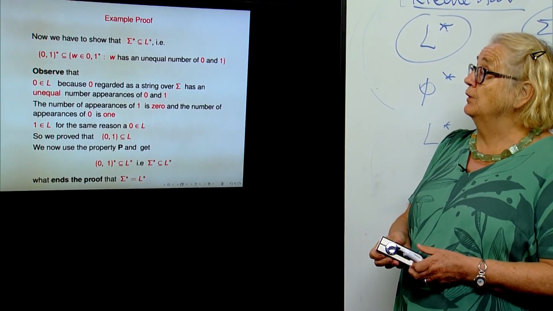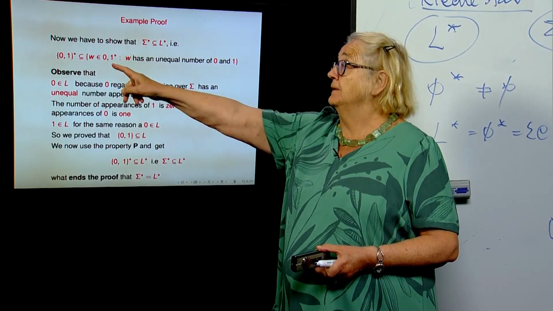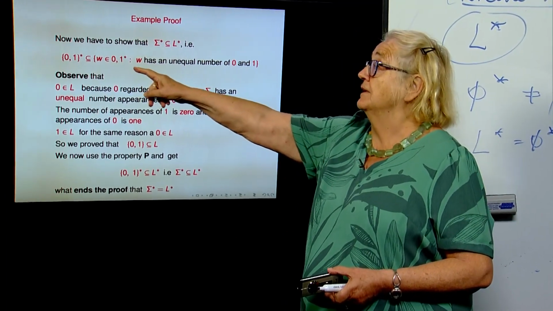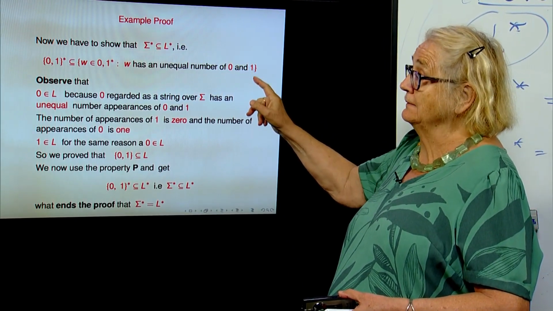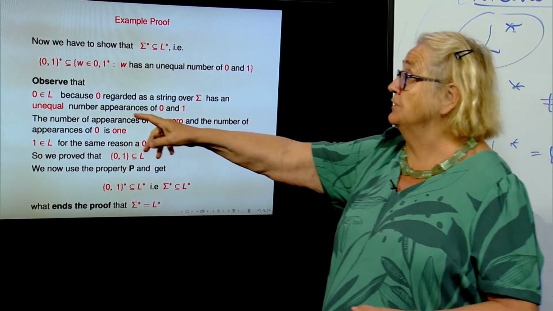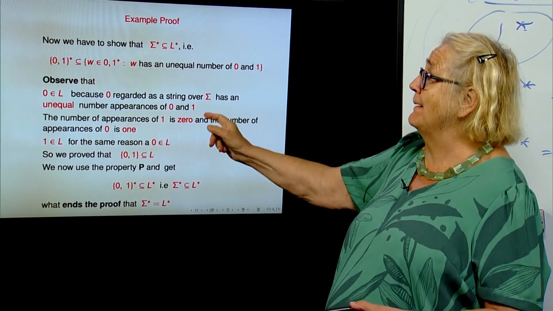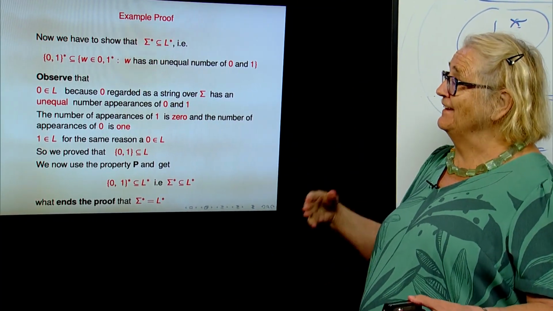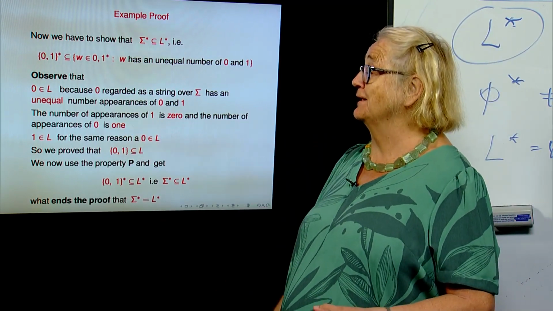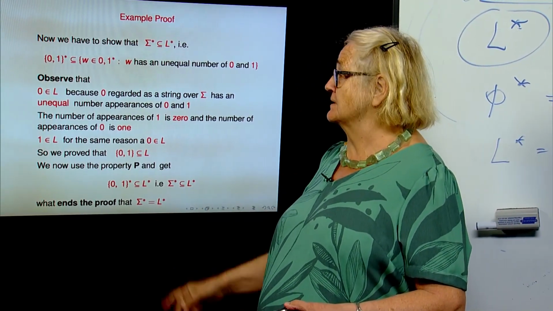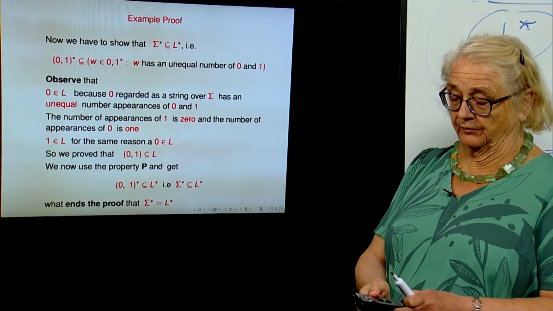Now we need to show that sigma star is in L star, but {0, 1} star includes that set of words which have an equal number of 0s and 1s. Because 0 is in L, as the string has an equal number of appearances of 0 and 1: the number of appearances of 1 is 0, the number of appearances of 0 is 1. 1 is in L for the same reason. So we prove that {0, 1} is in L, and we use the property that you can star on both sides.